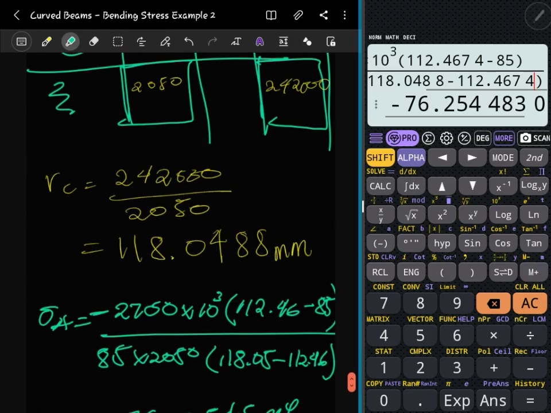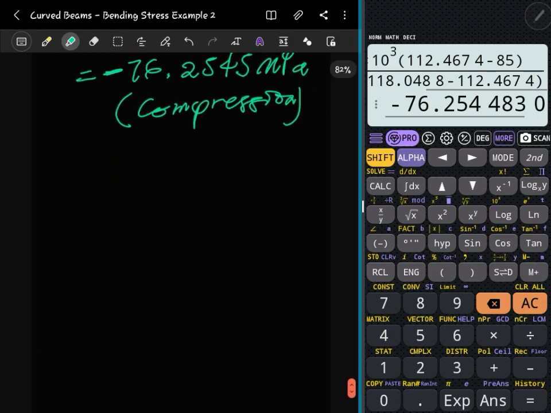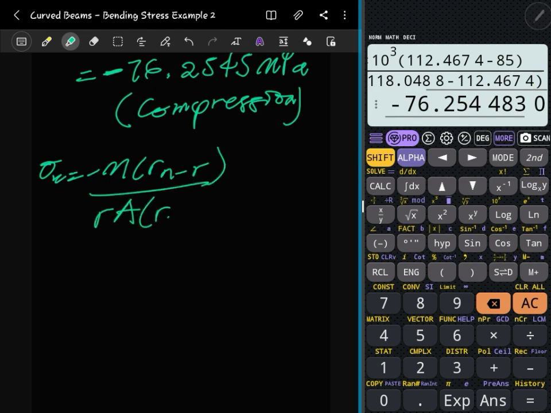So if we try to find the stress at B, let's see what that will be. The same equation, stress equals minus M, and then we have Rn minus R, all on RA times the bracket RC minus Rn. Everything else is constant.